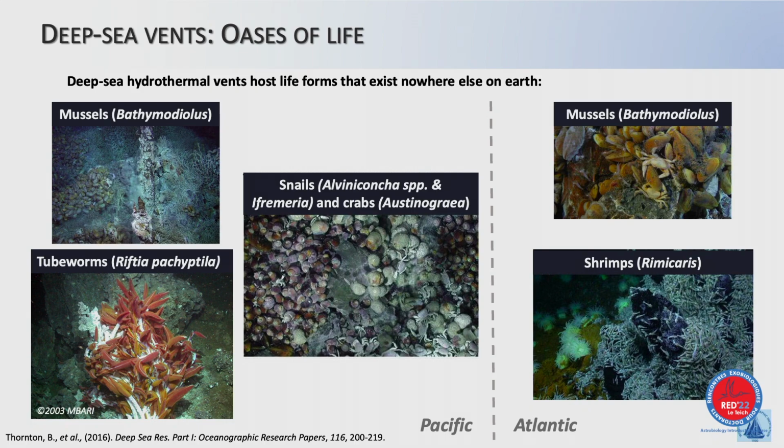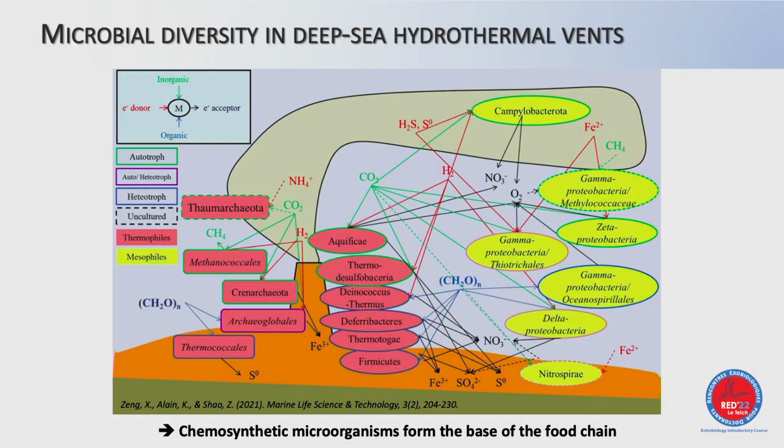And this fauna really relies on the chemosynthetic microbes because they cannot find all the energy or food they need, and they are in symbiosis with those deep sea microbes. So here is all the microbial diversity we can find in hydrothermal vents. It's a huge diversity. You can find all the thermophiles, which live close to the deep sea vent fluids.